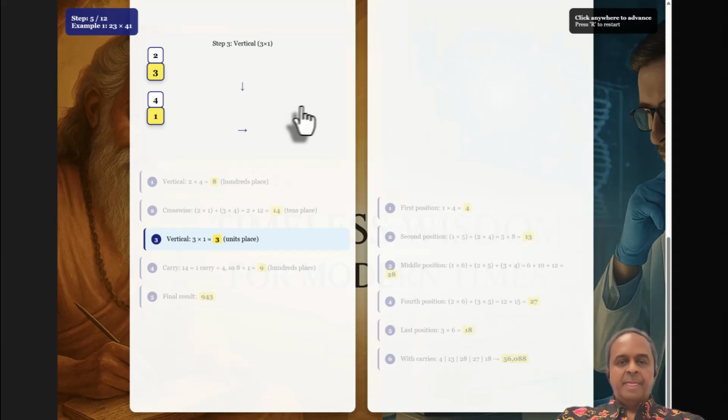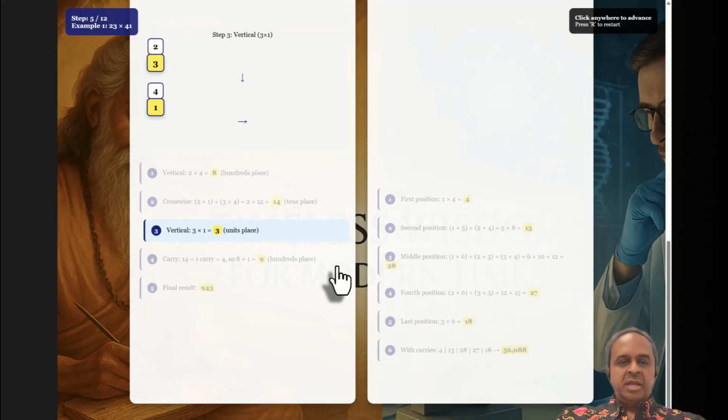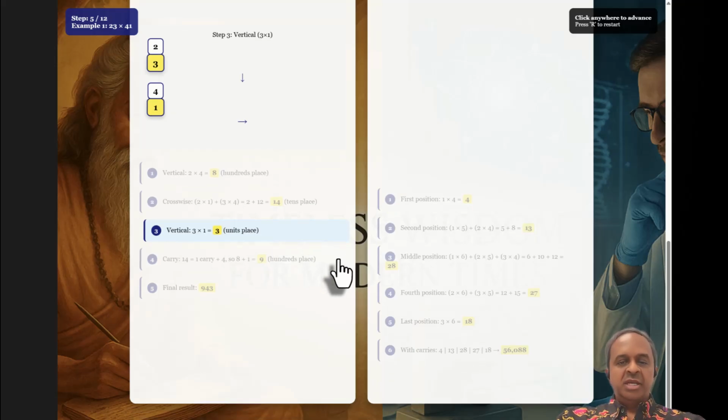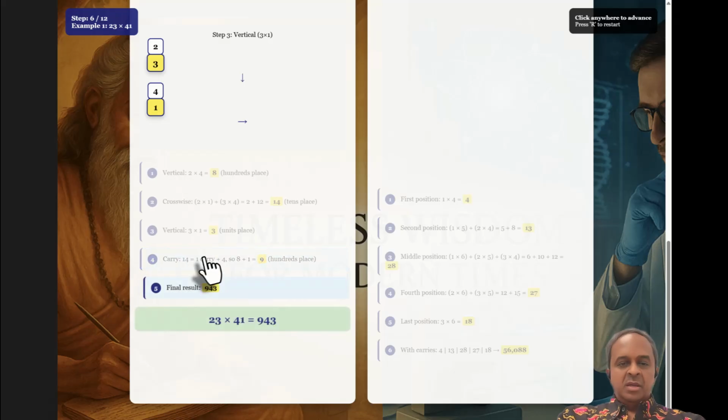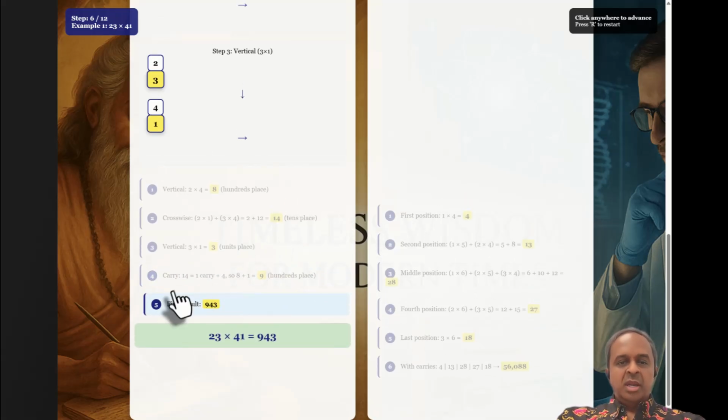That's 3, right? So that is basically kind of the carry over. So it's 14, and then you have one carry over, so that's 9, right? So hundreds place is 9.